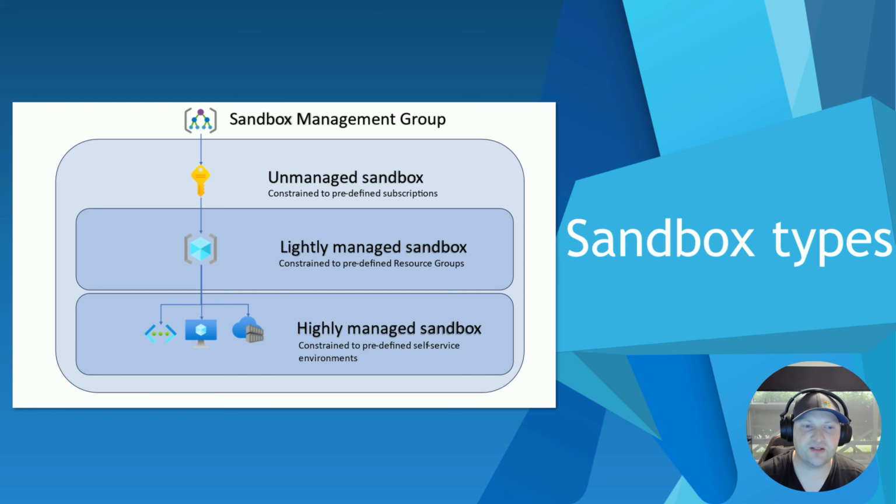And the third one here is highly managed sandbox. What I mean by this is that they're pre-constrained self-service environments. You may have developer teams that all they do is deploy Azure Kubernetes Service, a bunch of function apps and a web app. And that's all they do every single time they're developing applications. They don't care about the underlying Azure infrastructure.